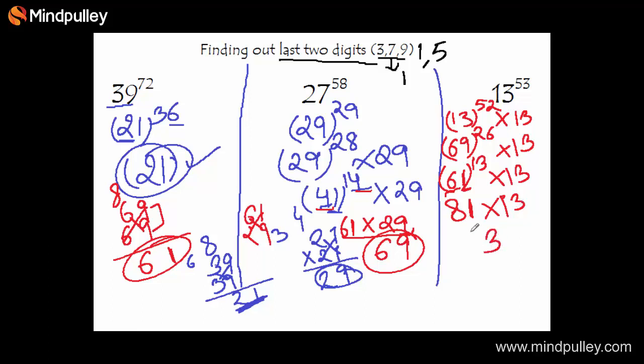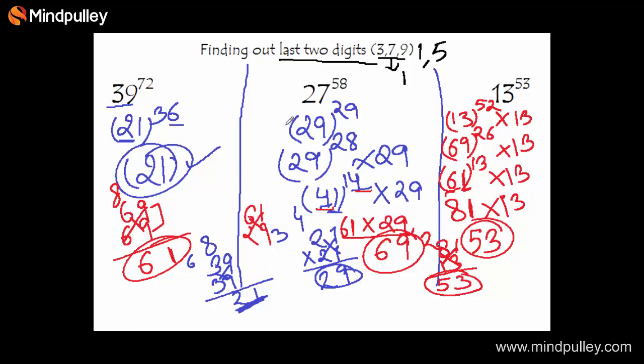Now the second digit, how can we solve it? It is 81 times 13. The first digit is 3. 8 times 3 is 24. 24 plus 1 is 25. 2 carry. The rest of the answer does not matter here because we want only 2 digits. Our answer is 53.